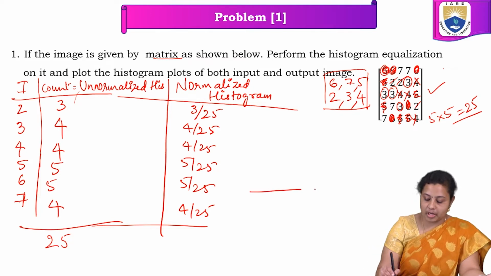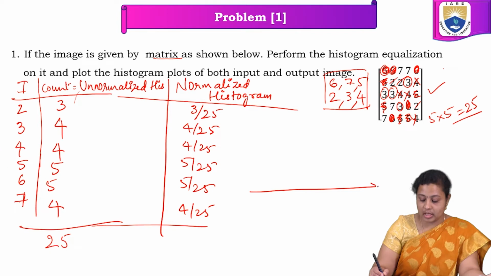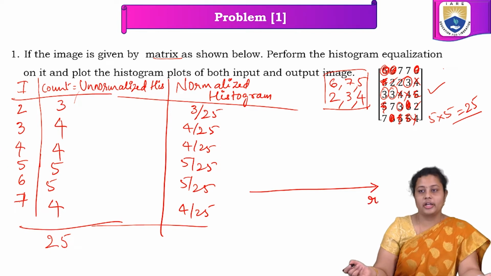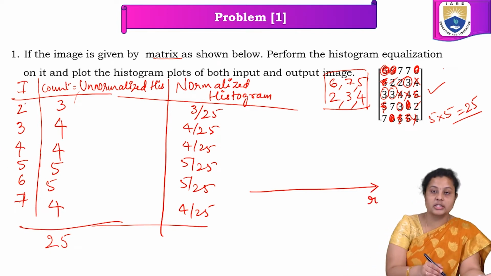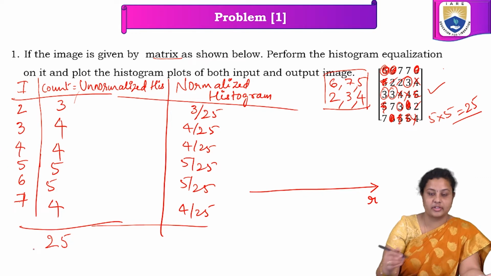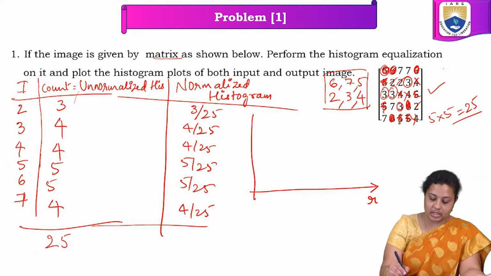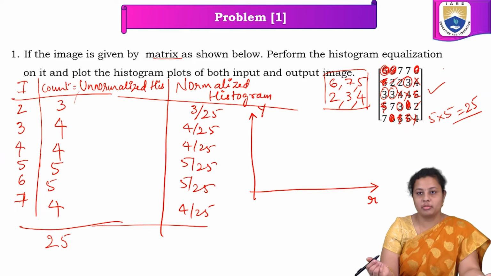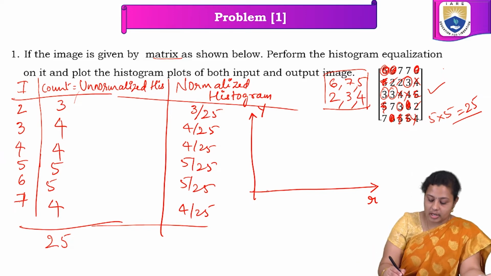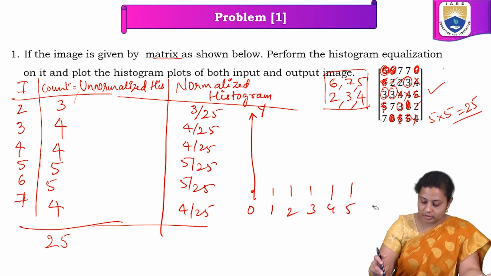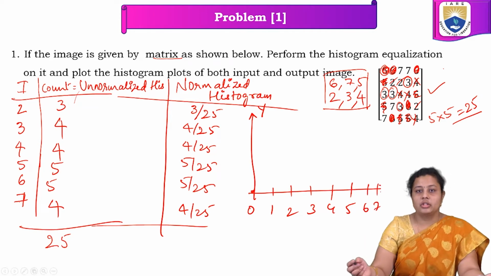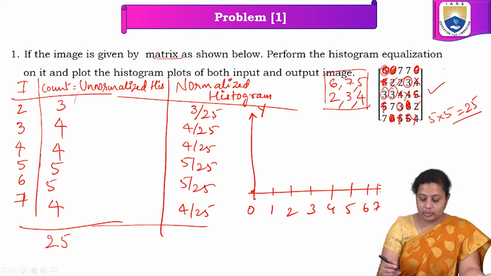Now I plot my input histogram, with the intensity values R on my x-axis, 2, 3, 4, 5, 6, 7, and on my y-axis I have the probability.